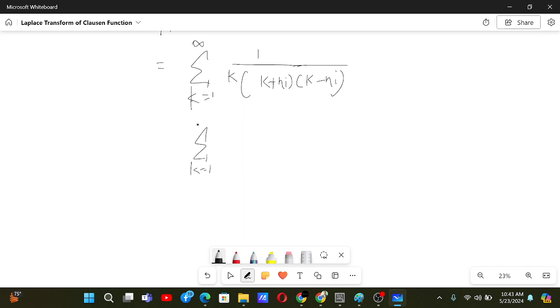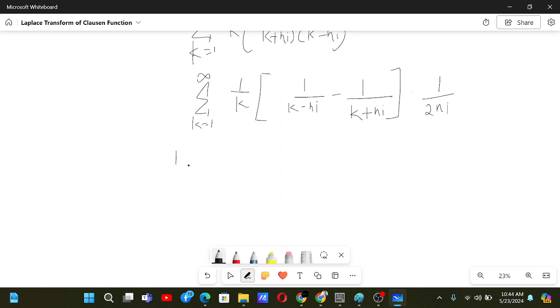Sum from k equals 1 to infinity, 1 by k. Now this will just be 1 by (k minus ni) minus 1 by (k plus ni). We have to take 1 by 2ni outside, because that comes as the numerator when we add these terms. Now we have 1 by 2ni outside, and the sum from k equals 1 to infinity, 1 by k times (1 by (k minus ni) minus 1 by (k plus ni)).